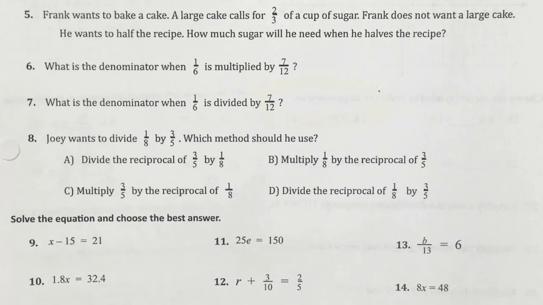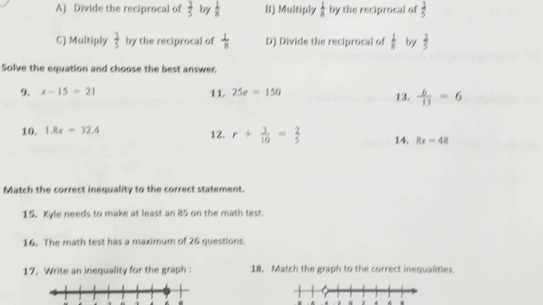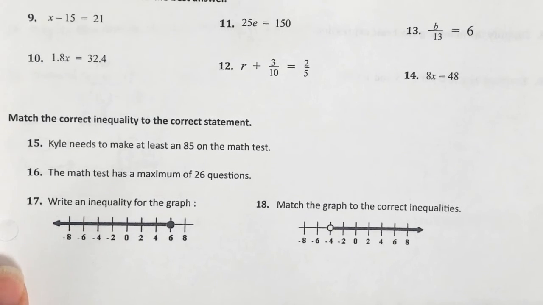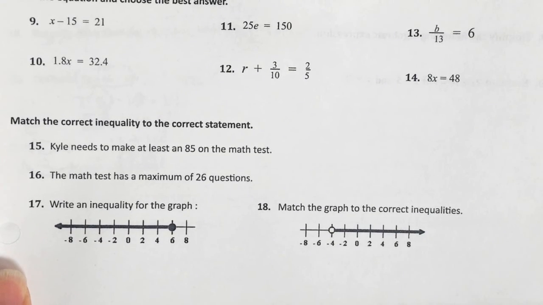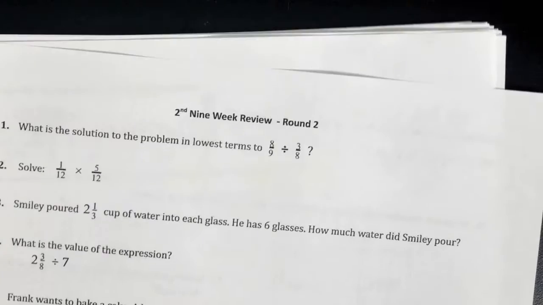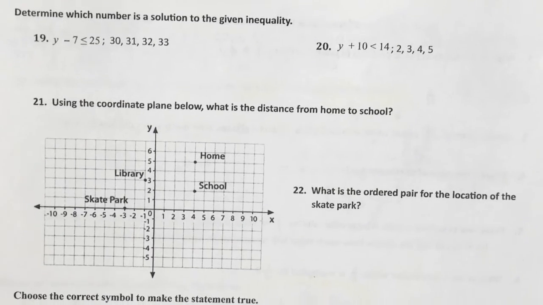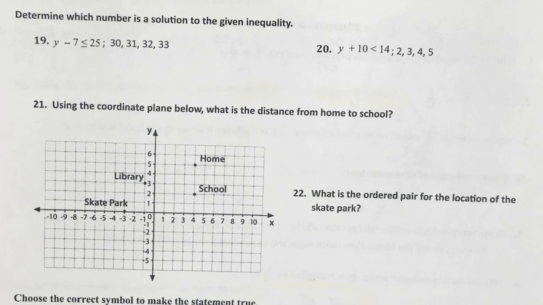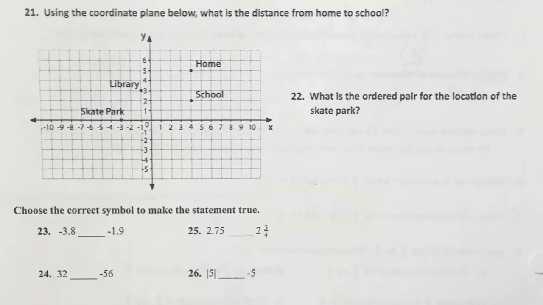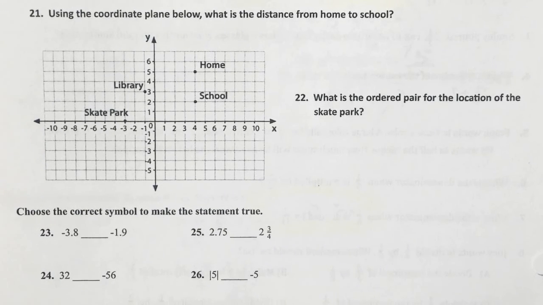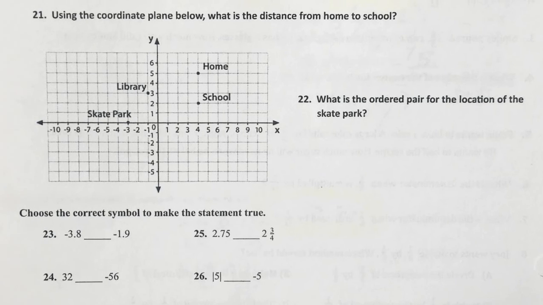Yay. I'll be honest. If behavior stinks and you don't do anything this last little bit, then I will have to assign it for homework because you won't be able to get it done in that amount of time on Monday. Okay? But I do know, I think you have a history test, social studies on Monday for 9 weeks.